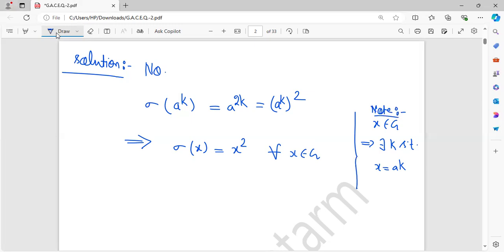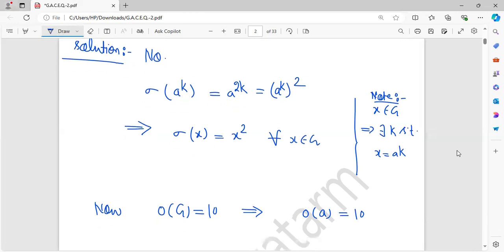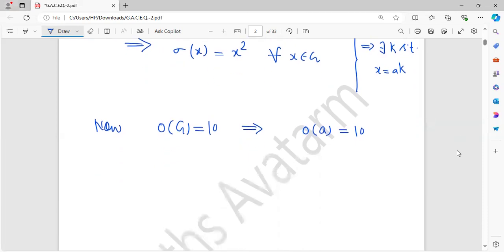Now, the order of G is 10. So this implies the order of a, the generator, is 10. So this implies a to the power 10 is actually the identity.